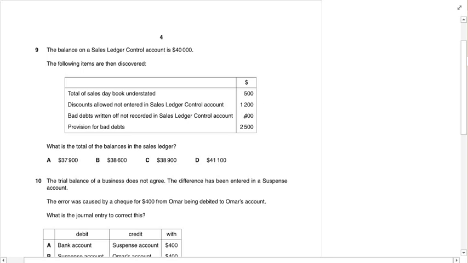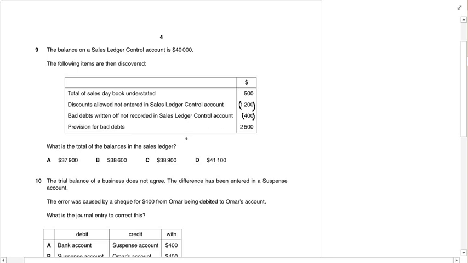Discount allowed not entered in the sales ledger control, so it was omitted from that figure, and discounts allowed will have to be deducted from the amount we are given. Then bad debts written off, not recorded in the sales ledger control account. Yes, they also have the effect of reducing that amount.